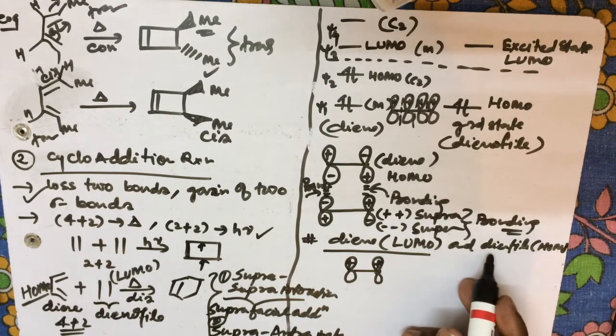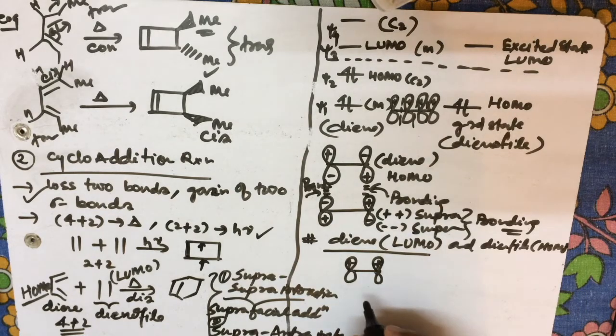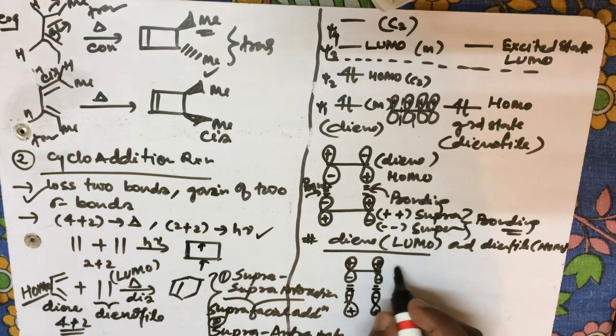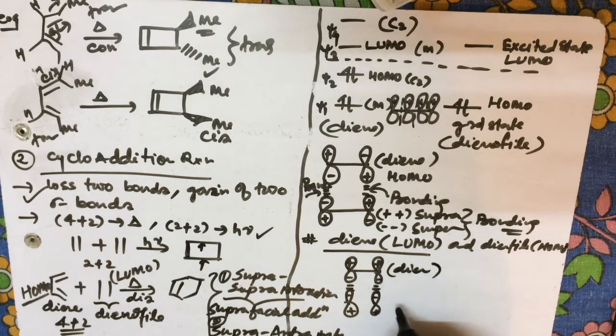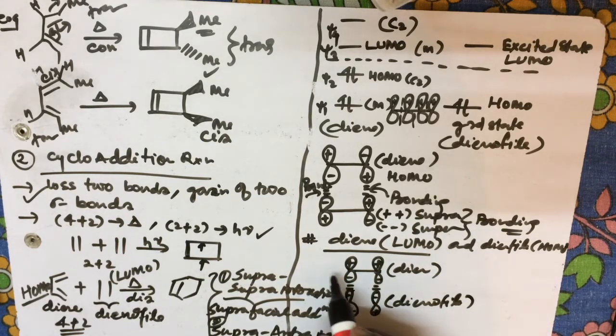For dienophile HOMO, this is also M. So MM means negative, positive, so this will also interact. So this is diene, this is dienophile. So we can also interact in this manner. So two possibilities, which interact by suprafacial interaction.